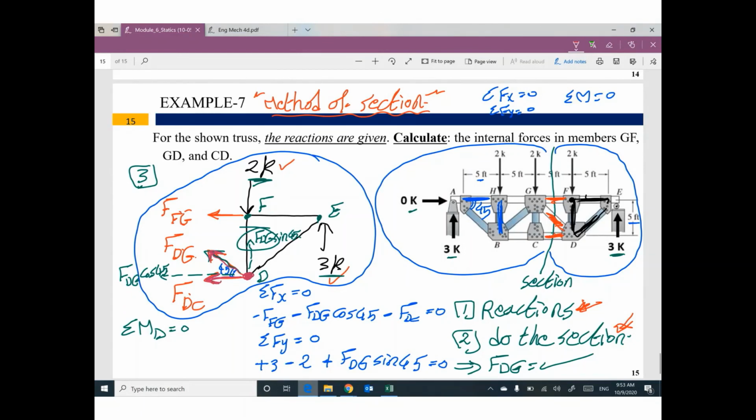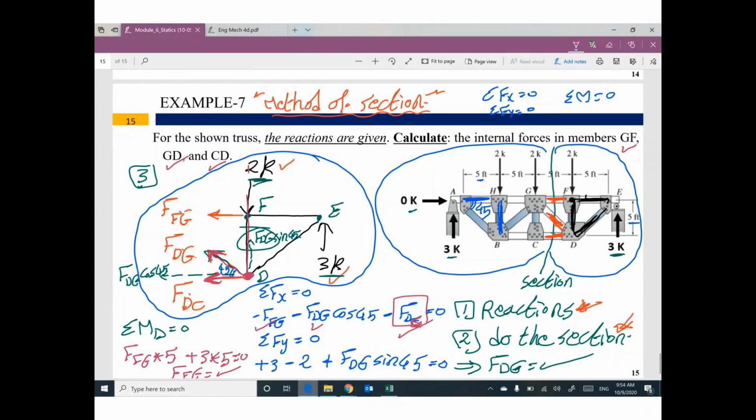So we have FG times 5, this one will be cancelled also, and 3 times 5 equals 0. So I can figure out FG. So FDG is known, FG is known, and I can go back to figure out the value of FDC. So I am done. I can figure out GF, GD, and CD.